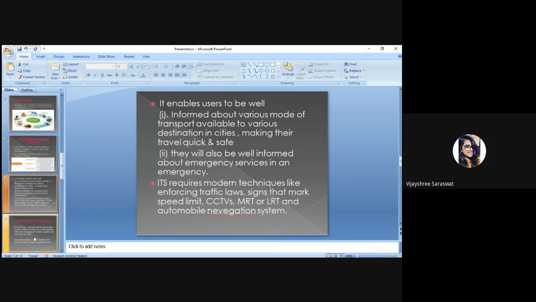They will also be well informed about emergency services in an emergency. ITS requires modern techniques like enforcing traffic laws, signs that mark speed limits, CCTVs, MRT or LRT, and automobile navigation systems.